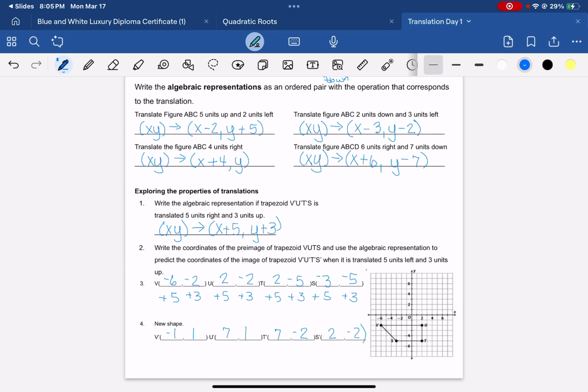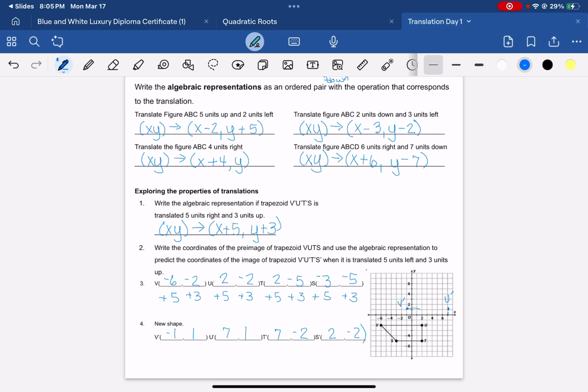Now go graph where my new shape is. Okay, negative 1 and positive 1. So there's my first dot. There's my V mark. Okay, U is positive 7 and then positive 1. So it's going to be right here. And that's, again, U with a prime mark.